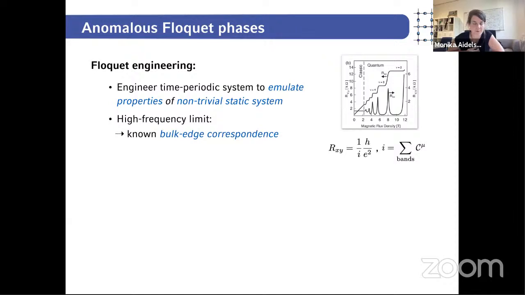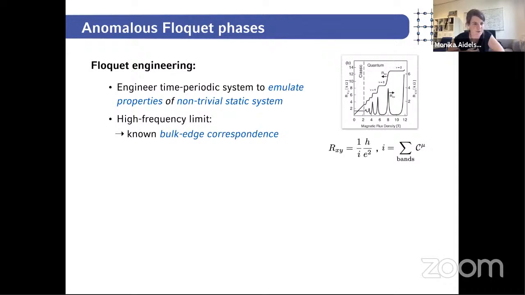However, now that we have implemented this Floquet engineering technique, you may also use it in order to realize something that otherwise you would not be able to get. So the idea is to go away from what we have called the high frequency limit. In the high frequency limit, we were able to use the series expansion in powers of 1 over omega in order to calculate the effective Floquet Hamiltonian.